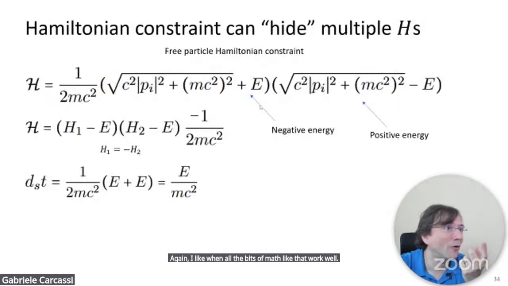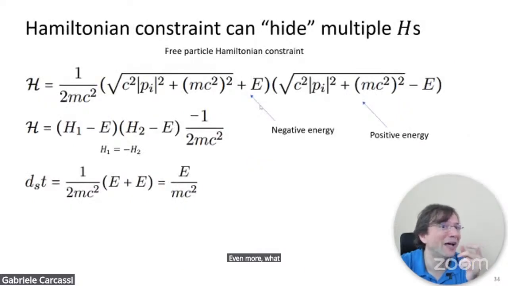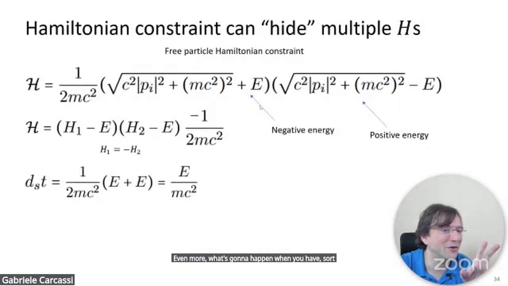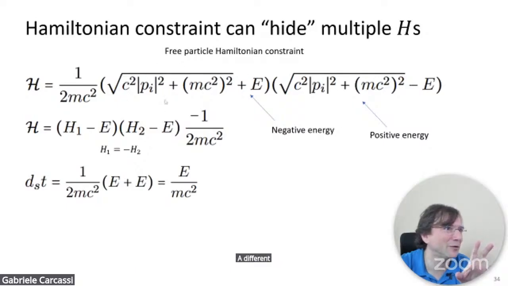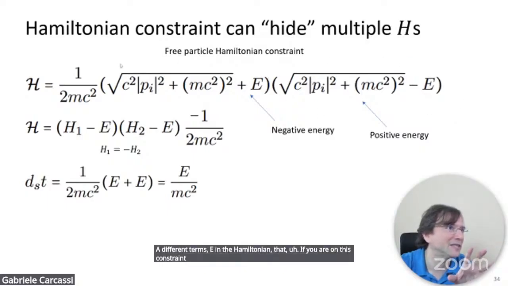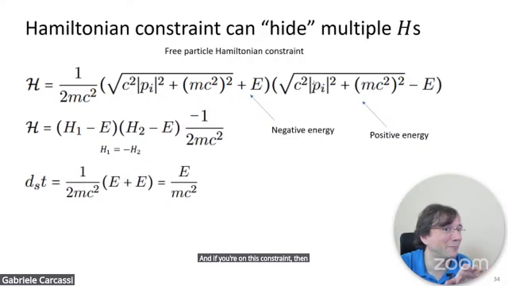Even more, what's going to happen when you have sort of particle-antiparticles? You have different terms in the Hamiltonian that if you are on this constraint, this function is a lambda, and if you are on this constraint, then this function is a lambda. Right? This is the thing that is interesting to me.